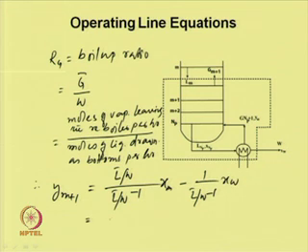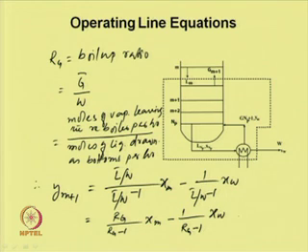So, we can write R g by R g minus 1 x m minus 1 by R g minus 1 x w. So, this is the operating line equation in terms of the boil up ratio.